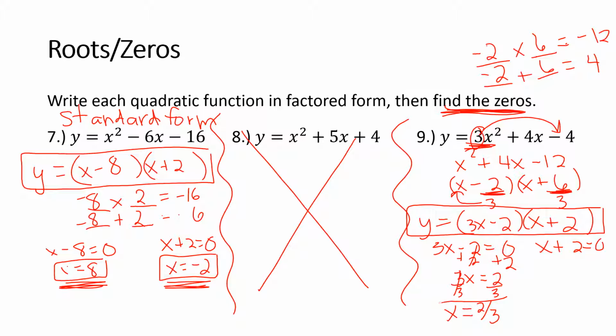So I know that this parabola would cross the x-axis at 2/3. The other zero, if I solve for x, I would subtract 2 on both sides, is negative 2. So that tells me I would cross the x-axis at negative 2. So if you picture your parabola, it would cross the x-axis twice, once at negative 2 and once at positive 2/3.